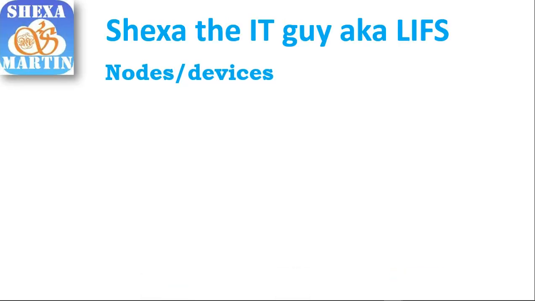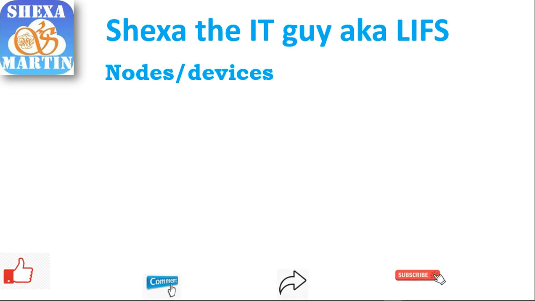So we'll start by defining the nodes or devices. Any device which is capable of being on the network, capable of being connected to other devices, capable of sharing data or information with other devices, we call those nodes whenever we're talking about a network or the internet. Let's start with a network.